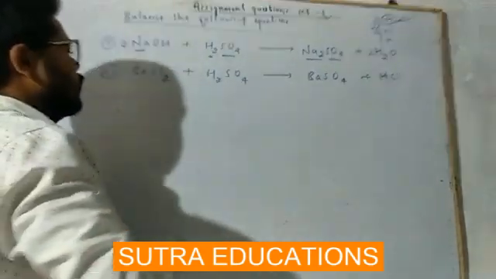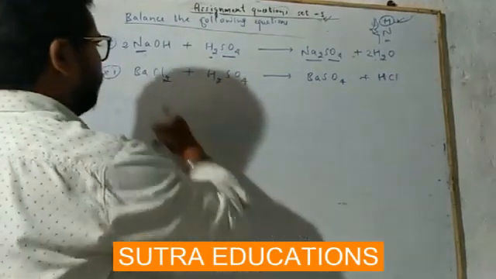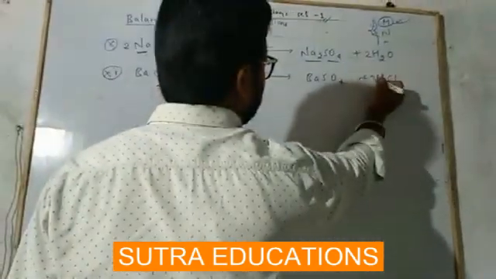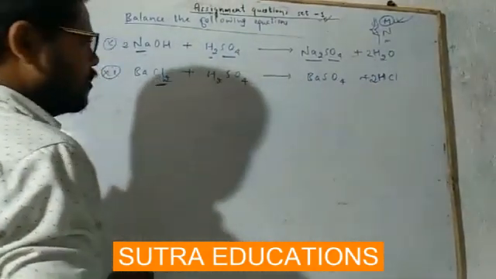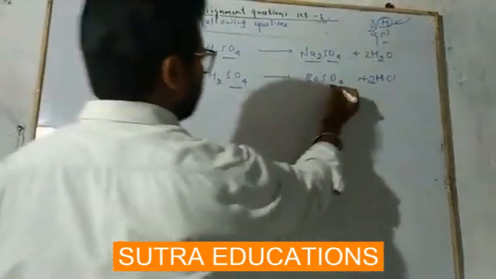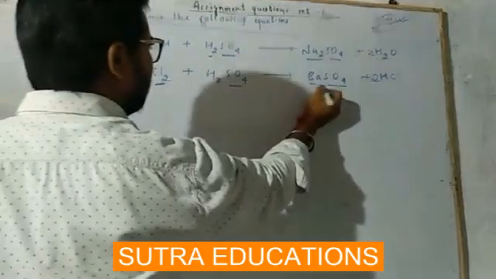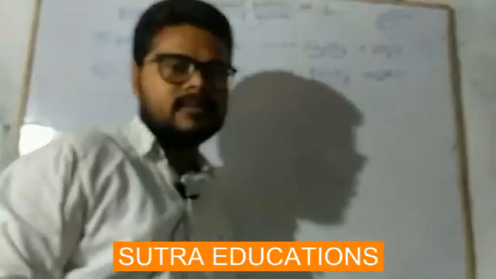So no metal is present. Cl2 here it is 2, here it is only 1, so multiply this by 2. Non-metal is balanced. SO4 is 1 here, SO4 is 1 here, barium is 1 here, barium is 1 here. So we will say the reaction is balanced now.